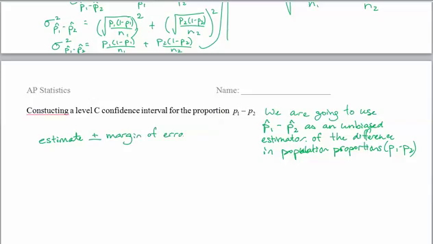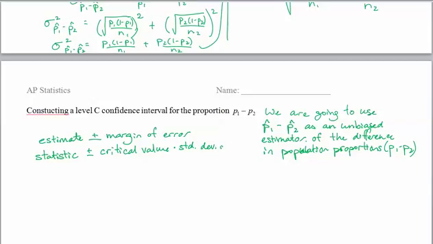And so, in other words, our statistic plus or minus the critical value times, in this case, your standard deviation of the statistic.